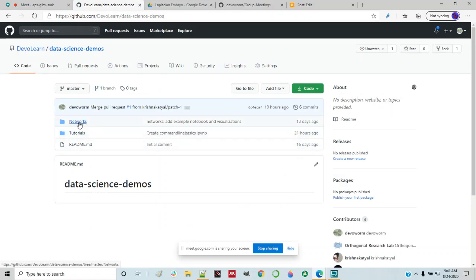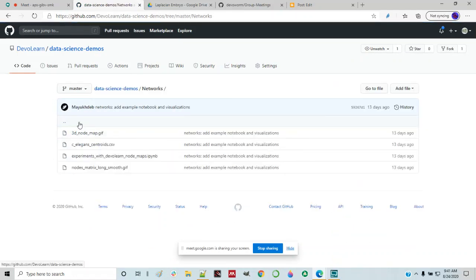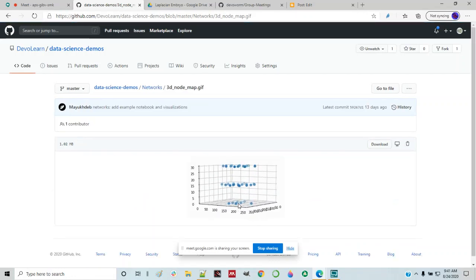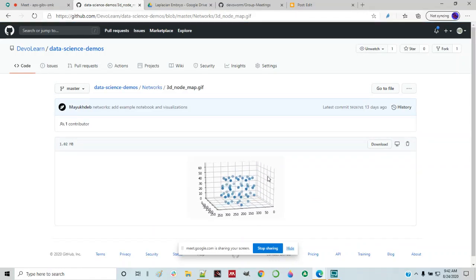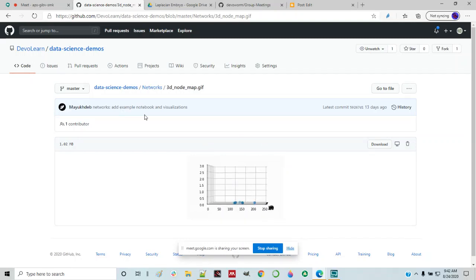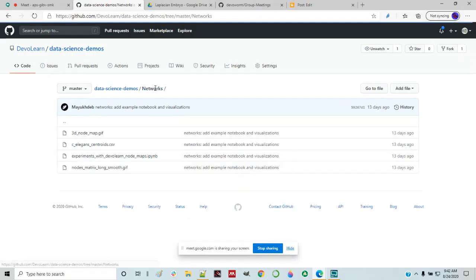The network stuff is from Mayukh, and he pushed a bunch of things related to these embryo networks. He's produced some graphs here that show some principles. There's some data in here and some other animations.